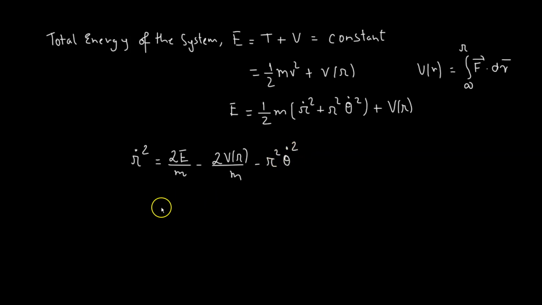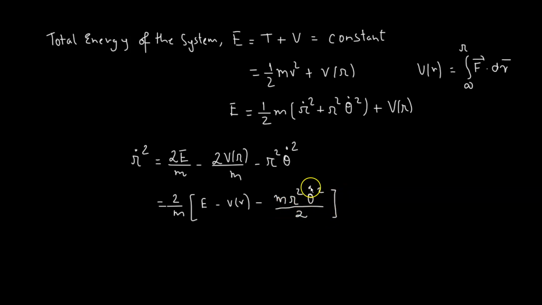If we take 2 over m as the common factor, we have E minus V of r minus m times r square theta dot squared, whole divided by 2.